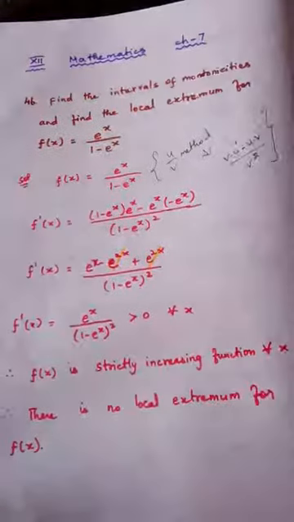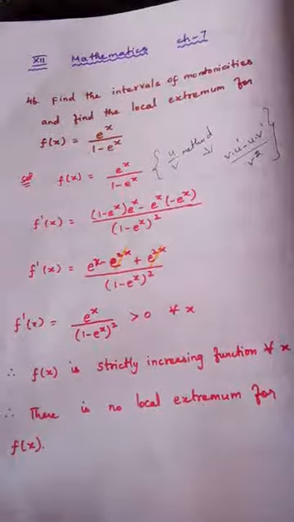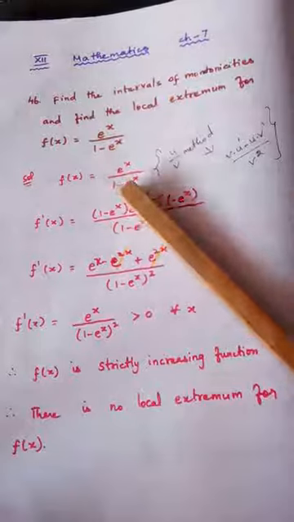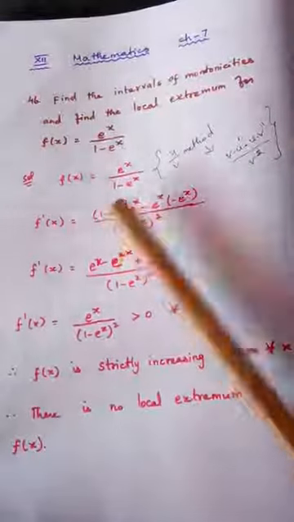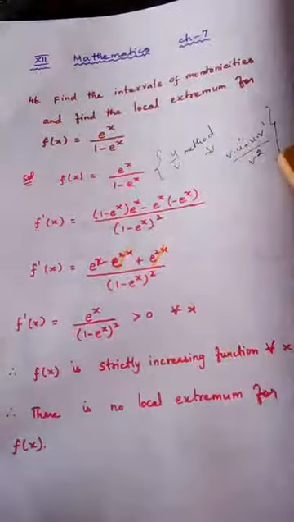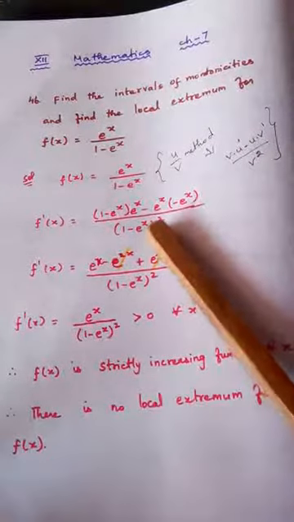So this is the formula to differentiate u by v. The numerator is taken as u, the denominator is taken as v, so v into u dash minus u into v dash by v square. So applying this formula, we are writing this.